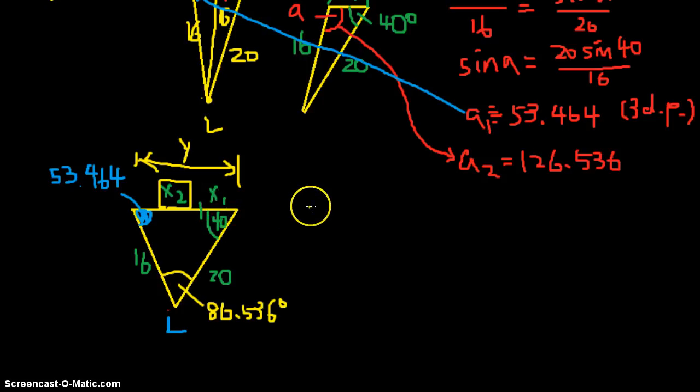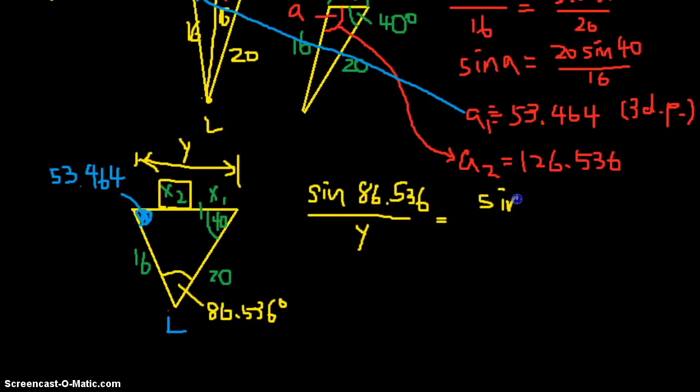Okay, so let's just find y first. So sine of 86.536 over y is equal to sine of 40 over 16.